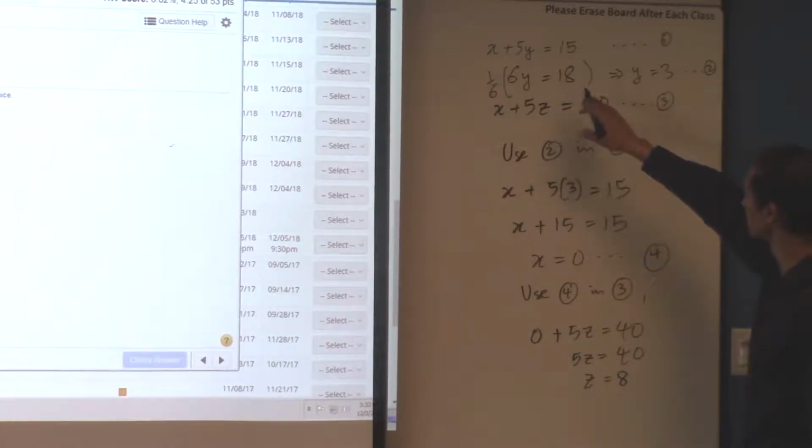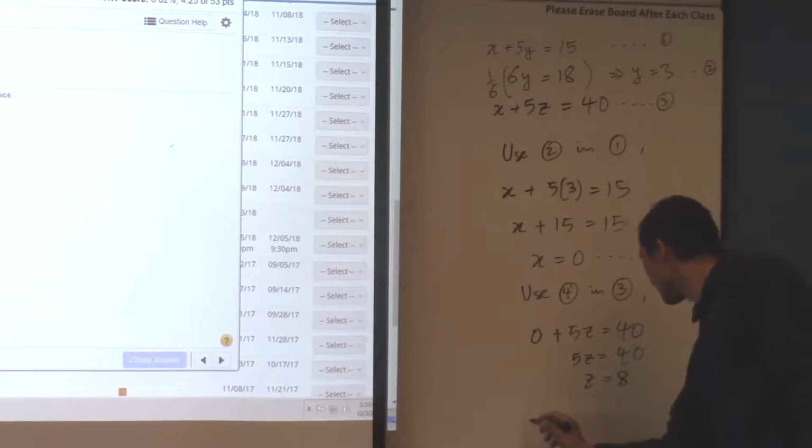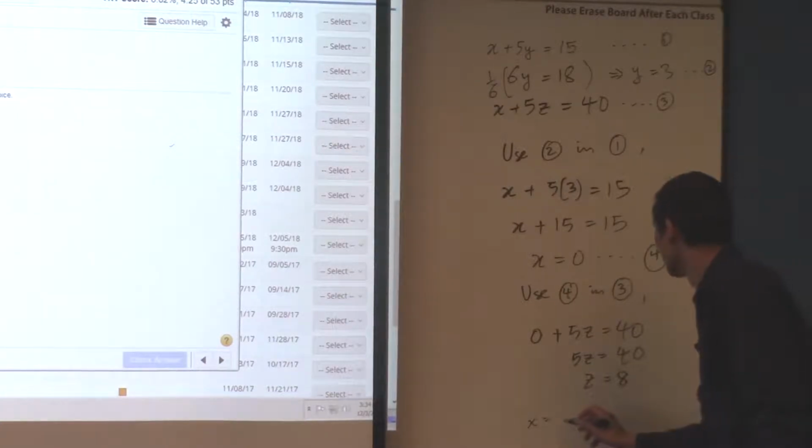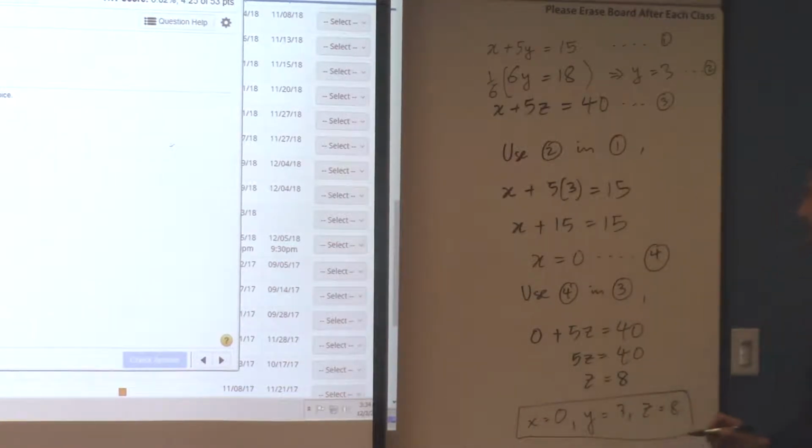Whenever all 3 equations are combined to find x, y, z values, that's it. x equals 0, y equals 3, and z equals 8 is the solution to the system of equations.